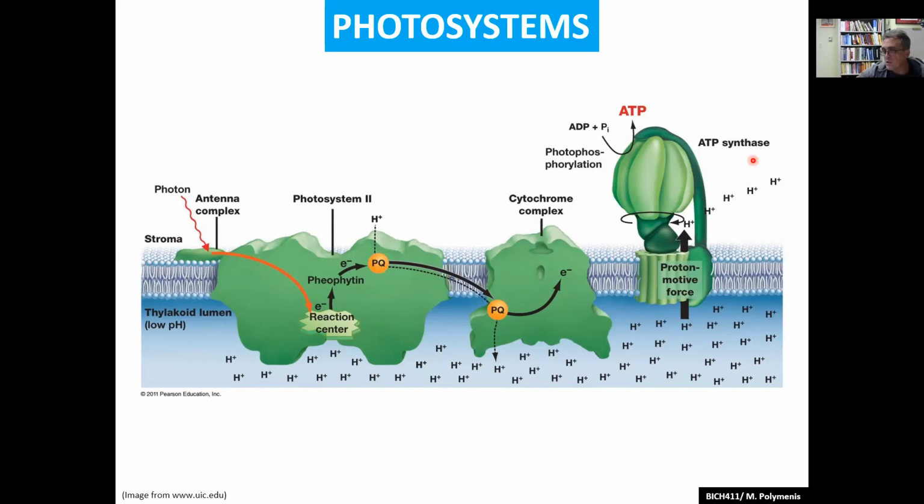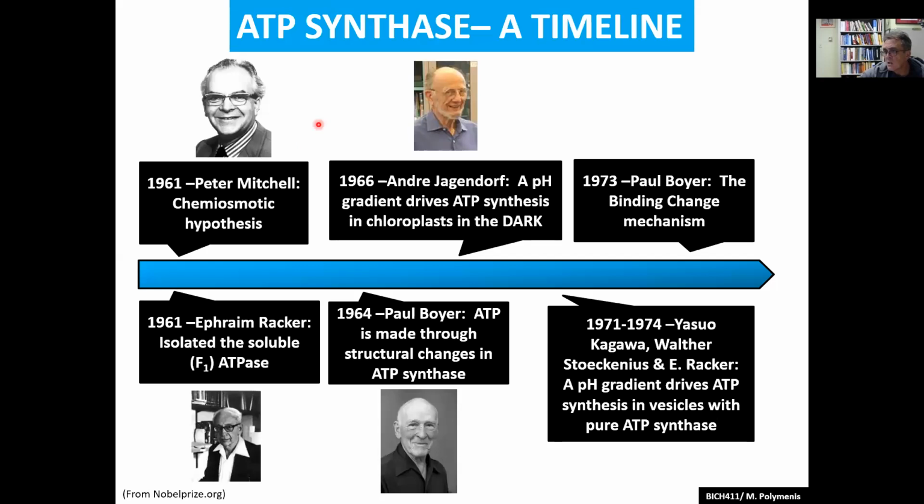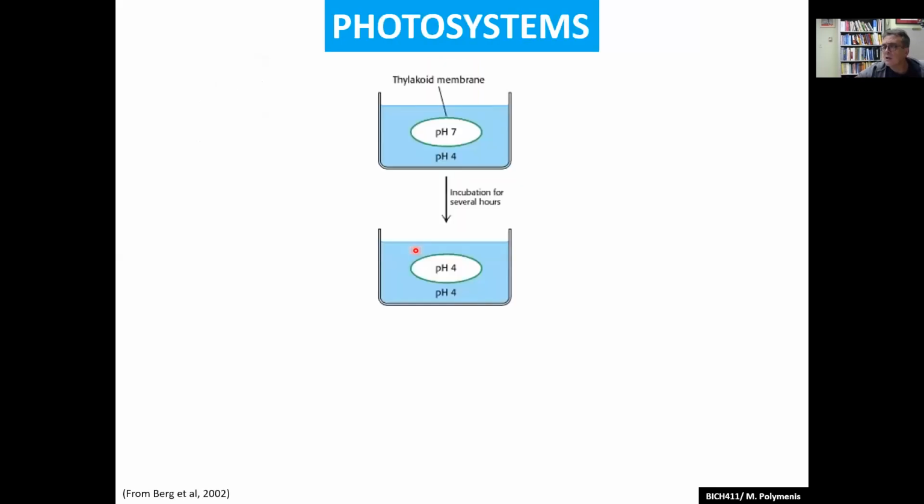And in fact, I had shown you this slide from Andre Jagendorf, who showed that all you need is a pH gradient, and you can make ATP as long as you have thylakoids. The experiment is super simple. You have the thylakoid here, shown with very few protons inside, a closed vesicle, if you wish. Of course, it's not pure at that point.